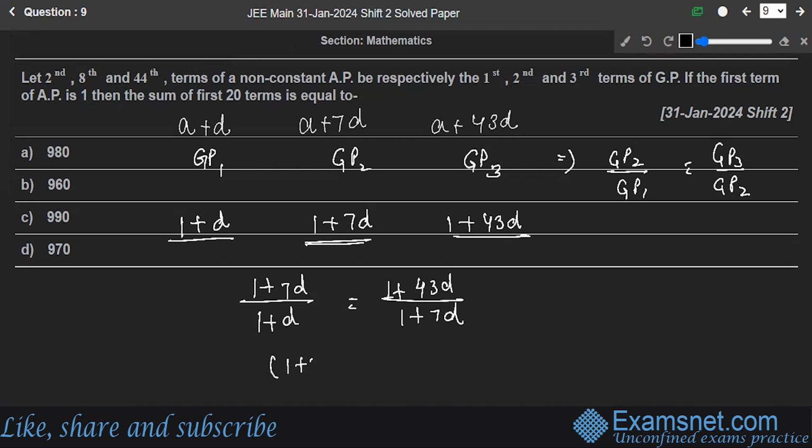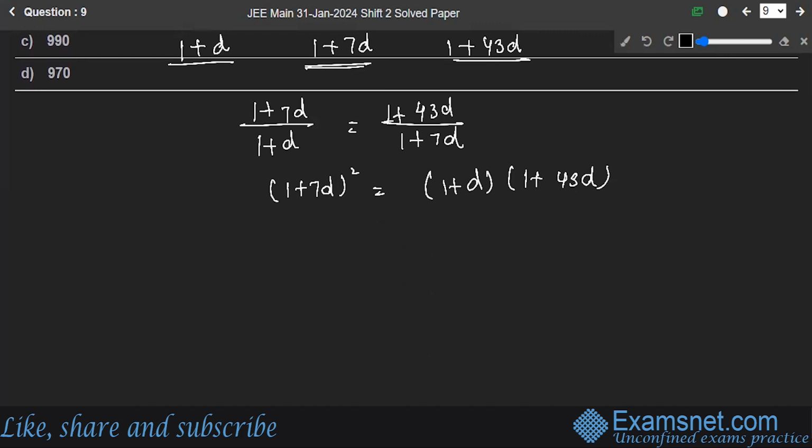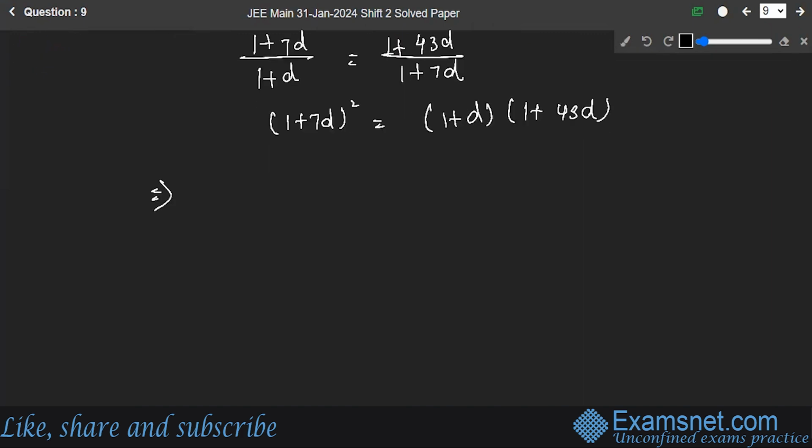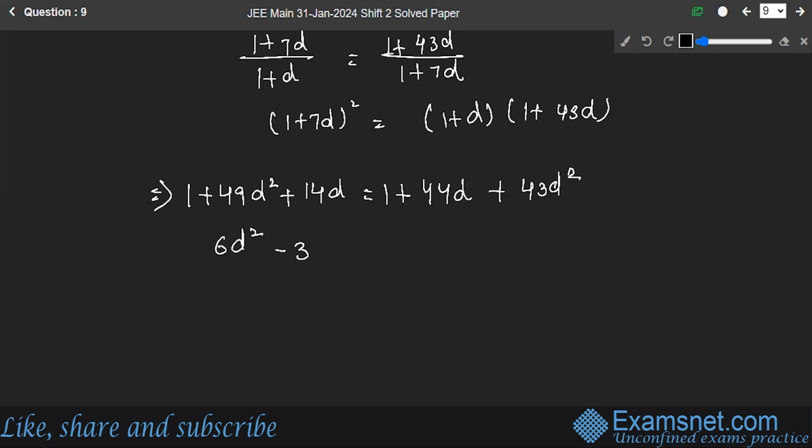This makes (1 plus 7D) whole square equal to (1 plus D) into (1 plus 43D). Let's open up. You will have 1 plus 49D square plus 14D is equal to 1 plus 44D plus 43D square. You will have 6D square minus 30D is equal to 0.